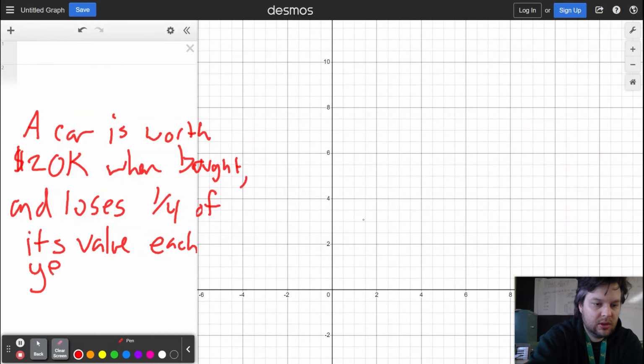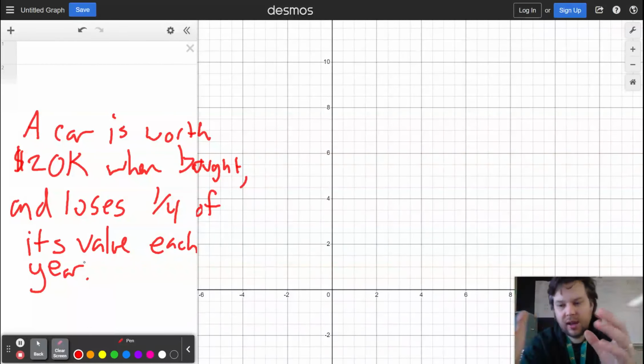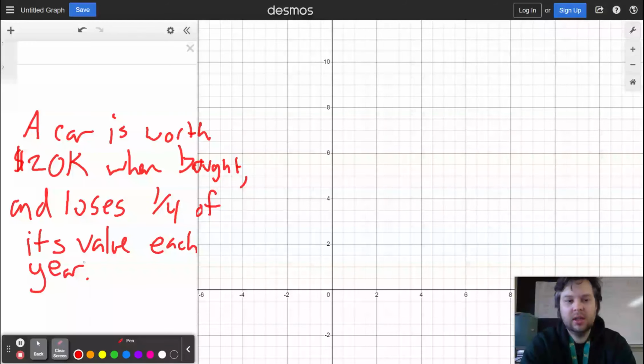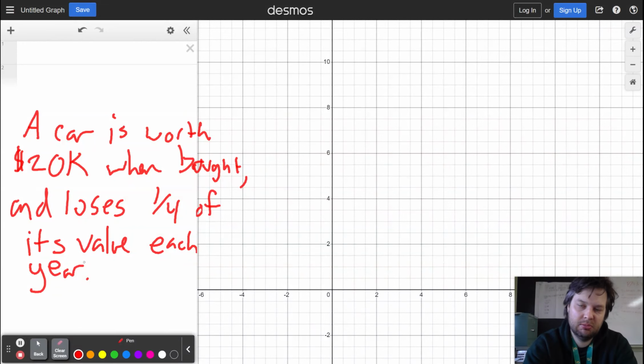What that means is that every year we have to figure out a quarter of what it is worth in that particular year. So we can start by looking at some numbers as examples and then come up with an equation, because it becomes annoying to keep calculating example after example.